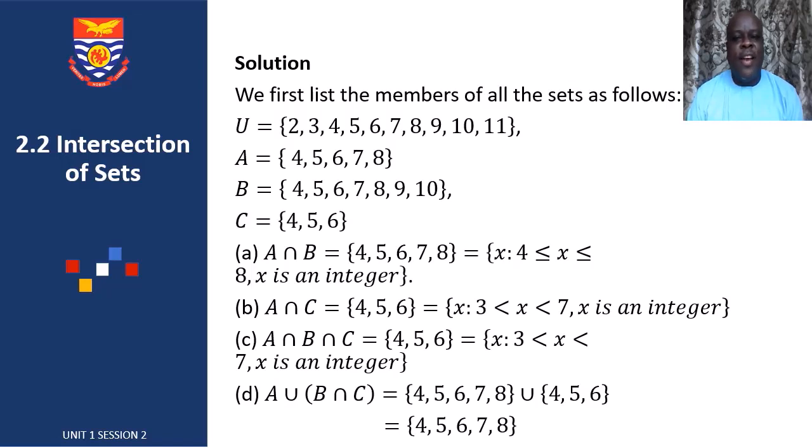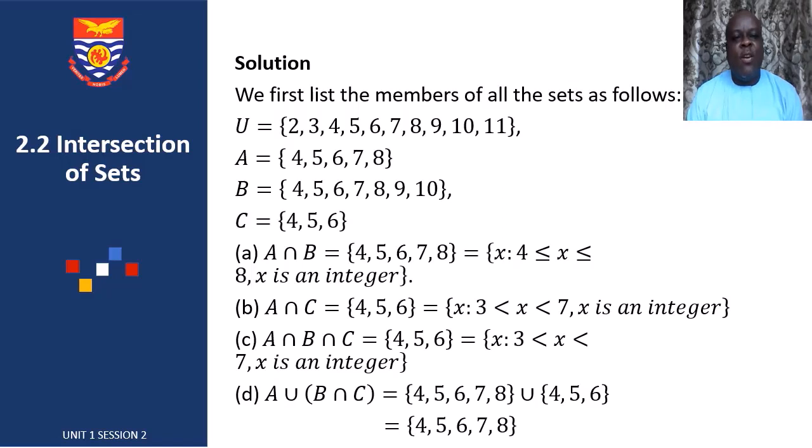Then we come to the first question that says we should find A intersection B. So we consider set A and set B and see the elements that are common to both A and B. We bring those elements together to form the new set A intersection B. And those elements are 4, 5, 6, 7, and 8.